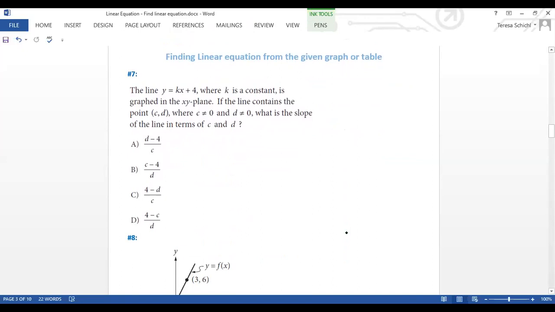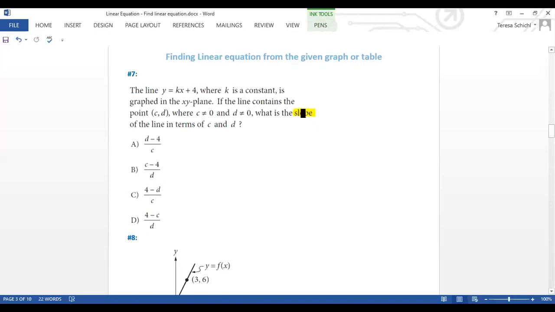Number 7 is another slope-intercept form problem. Let's say the line y equals kx plus 4, where k is a constant, is graphed in the xy-plane. If this line contains the points c and d, what is the slope of the line in terms of c and d? First thing, let's highlight what we want to find.